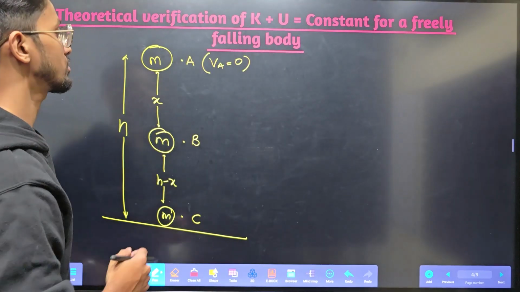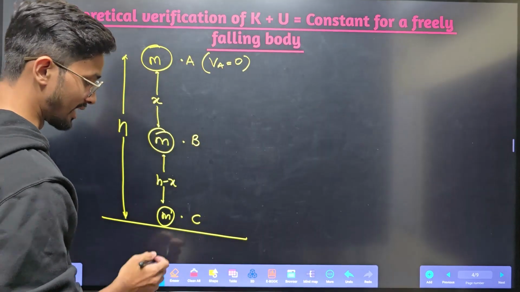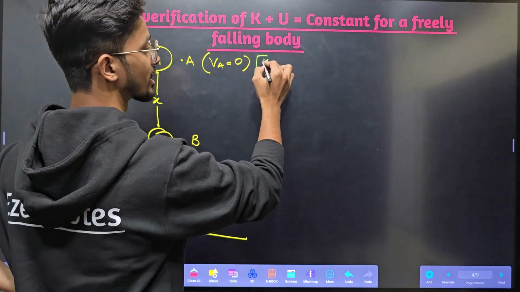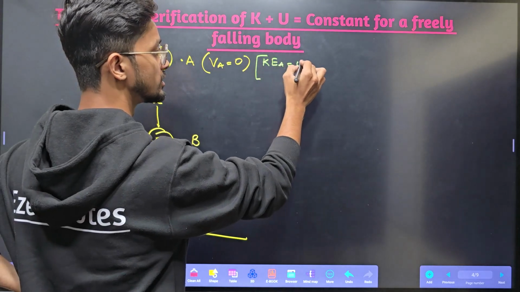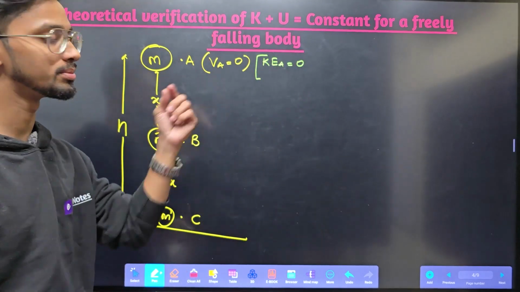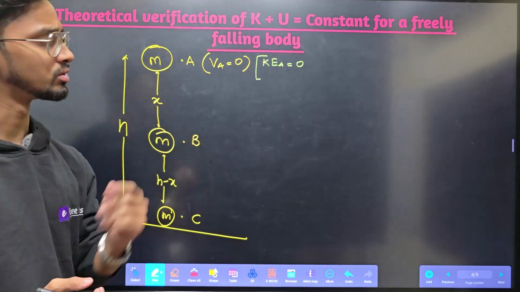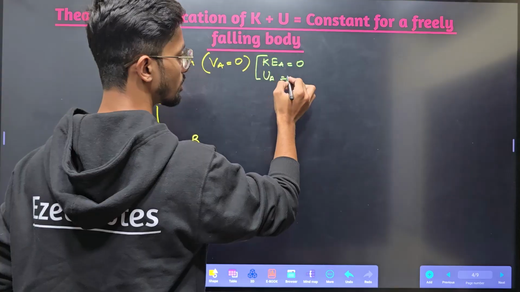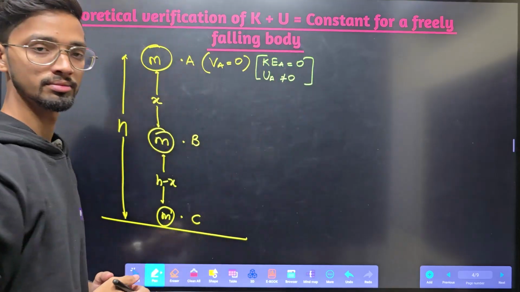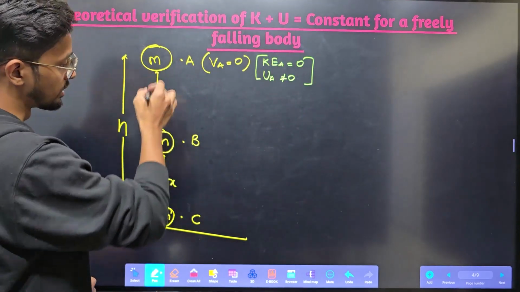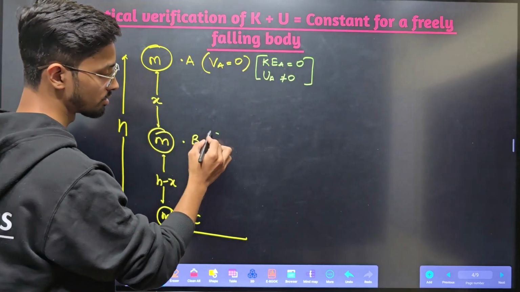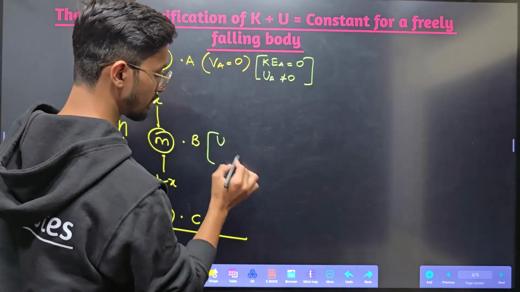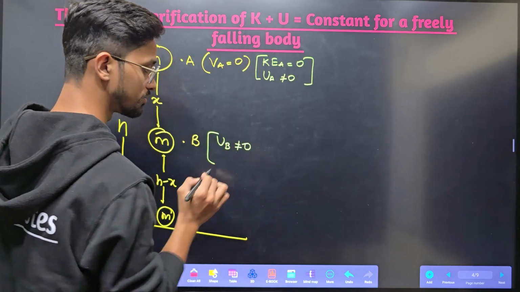Now we can say that at A kinetic energy is 0, right? Because speed is 0, half mv square, so v is 0, so kinetic energy will also be 0. Potential energy at A will not be equal to 0. At B, there is some height from the ground, so potential energy at B will not be equal to 0.